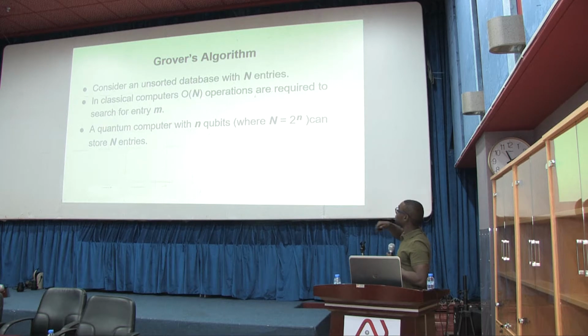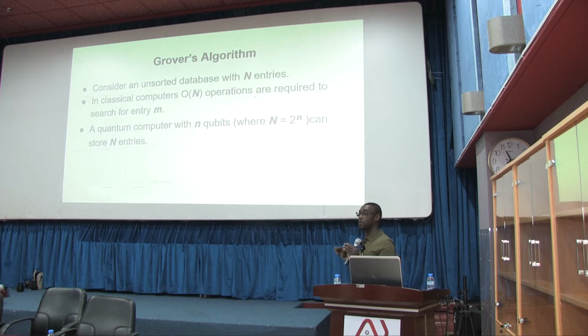One of the algorithms that I want to talk about is called Grover's algorithm. You can relate to this because it was invented to do a very basic database search. And I'm sure all of you are familiar with the process of retrieving information from a database.